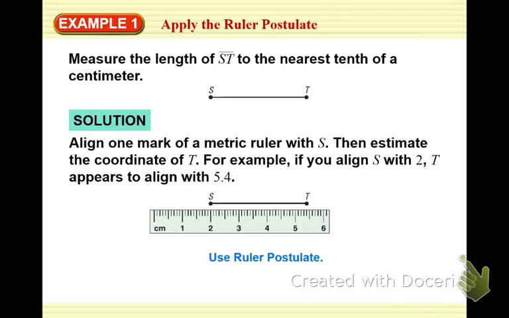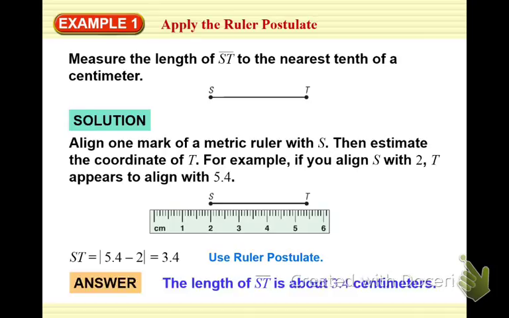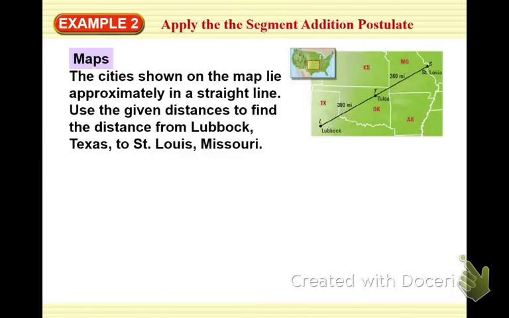And in order to use what is technically the ruler postulate, you're just going to take the absolute value of that difference, which you could probably figure out. So the length of ST is 3.4. A lot of different ways we can write that, but there's one: the length of ST is about 3.4 centimeters.